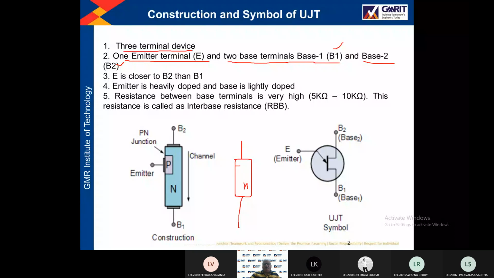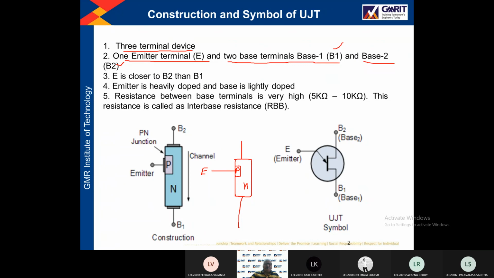Then p-type material is fabricated in this region. From here you will take the 3rd terminal. This terminal which is coming out from p-type material is called your emitter.